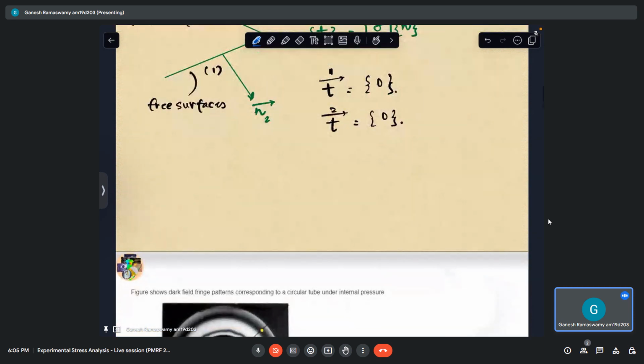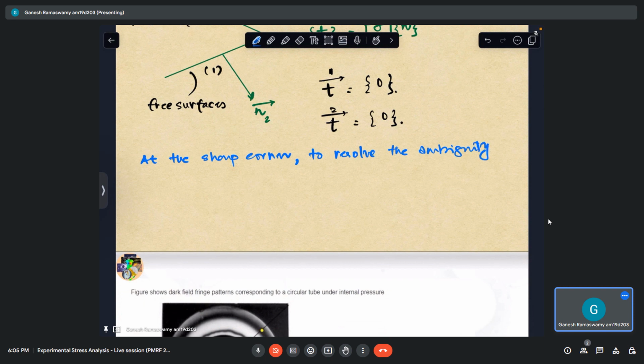So to resolve this ambiguity, and since this is unloaded, the stress tensor at the sharp corner, to resolve the ambiguity of which normal to take, we'll see that the stress tensor itself would be 0 at this free outward corner.